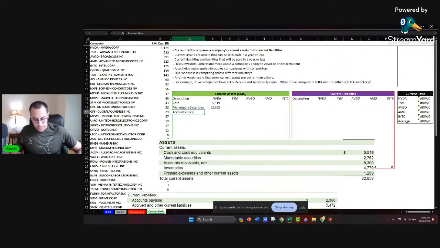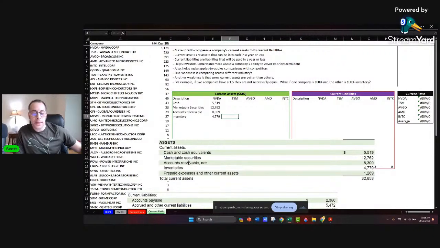Accounts receivables. I would usually put AR, but I'll just spell it out. Accounts receivables, 8309. Inventory. You see, it goes down from most liquid to least liquid. Cash is the most liquid, so it's on top. The least liquid is prepaid expenses. So inventory is much less liquid than cash and accounts receivables. Because with accounts receivables, you already used your inventory, you already sold the product.